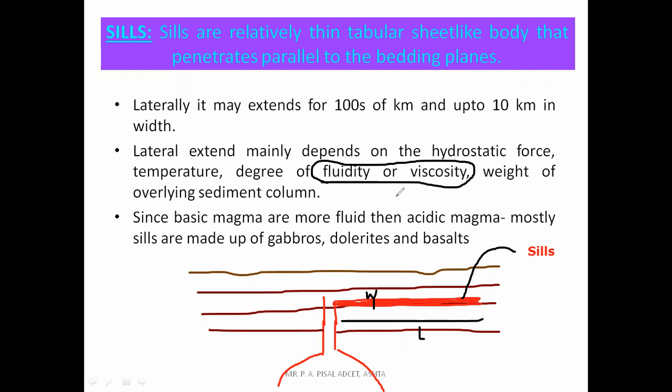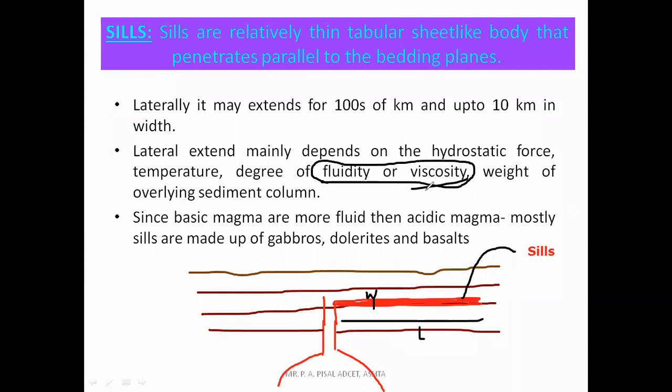When the fluidity is maximum, the magma may flow for a greater distance, or travel a very large distance. That's why its length will be maximum when the fluidity is maximum, and when its fluidity is minimum, its length will be minimum.